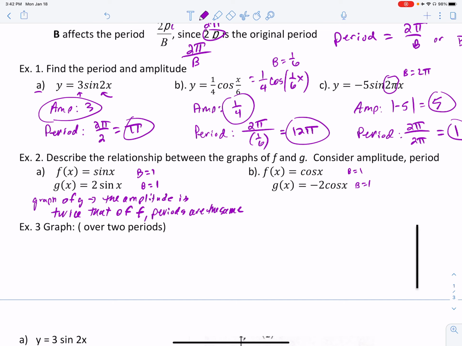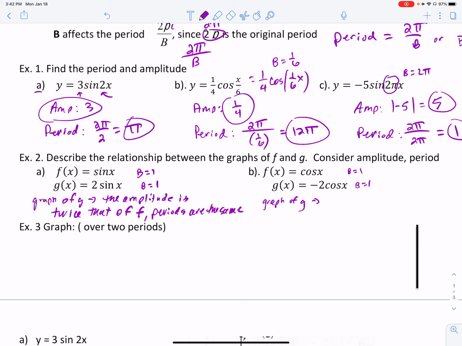But in G, when we have a -2, that means the graph of G is a reflection in the x-axis of f, and the amplitude is twice that.